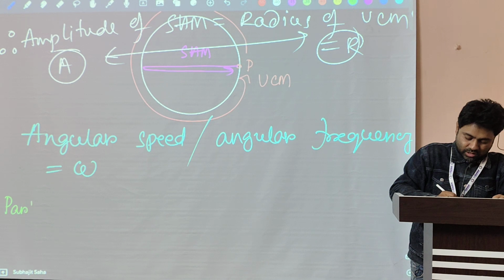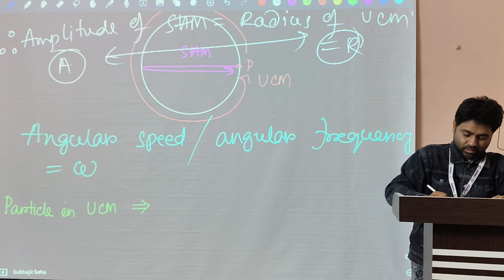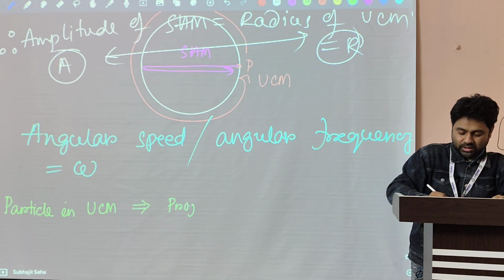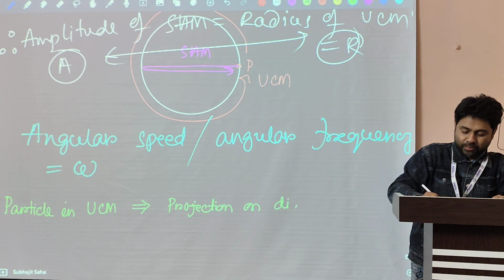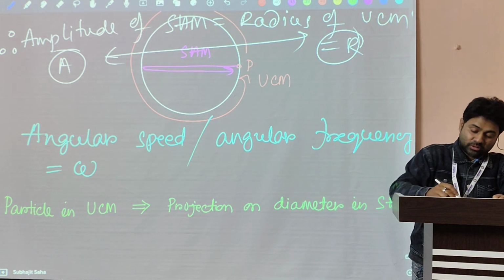So a particle is in uniform circular motion, its projection on the diameter, or the foot of the perpendicular on the diameter, travels in simple harmonic motion.